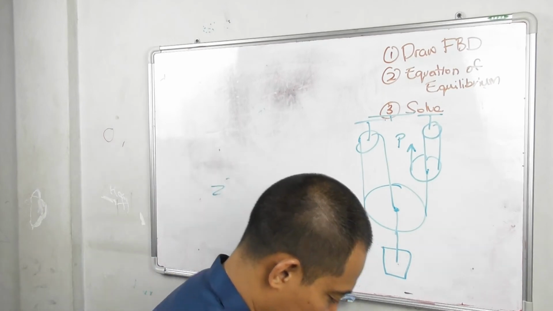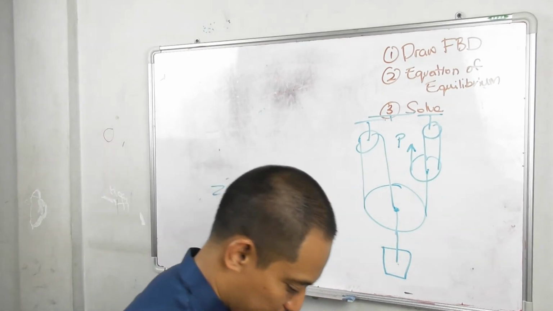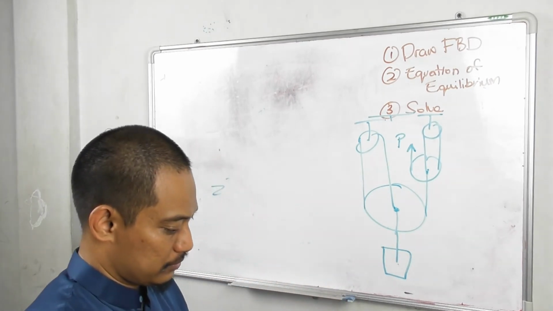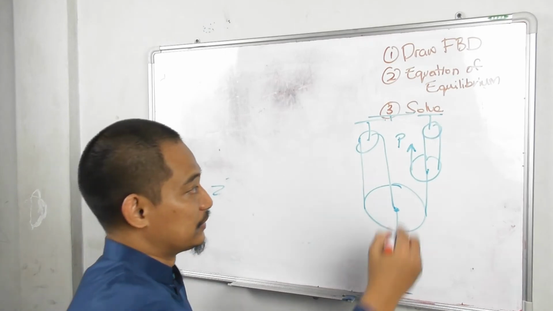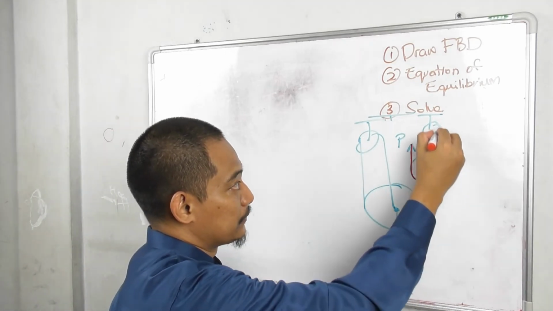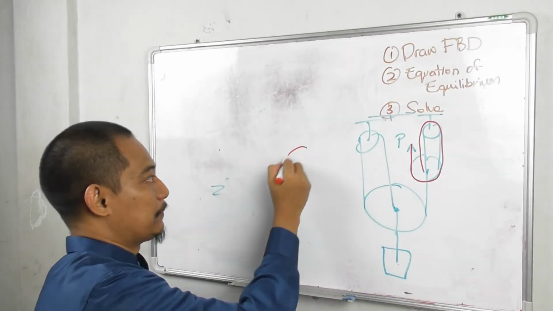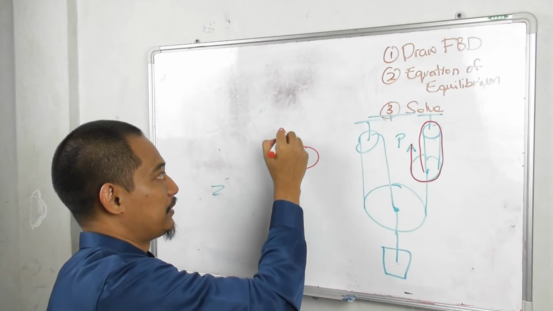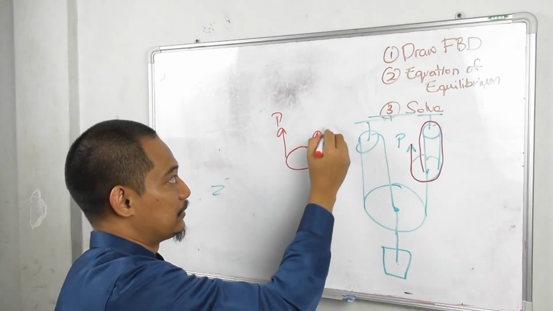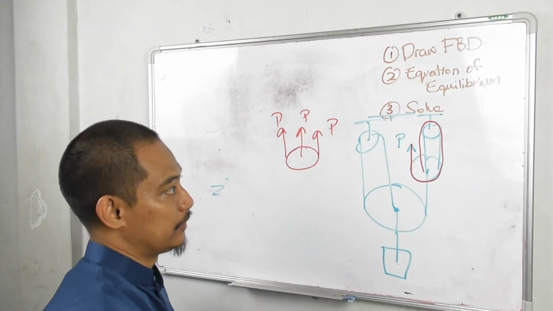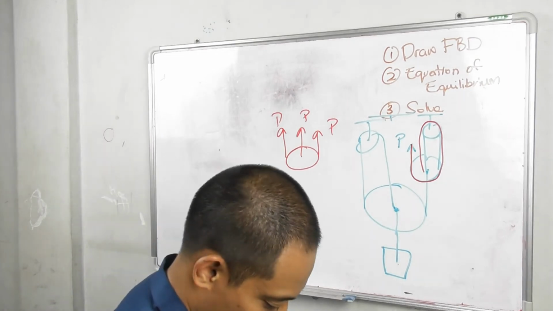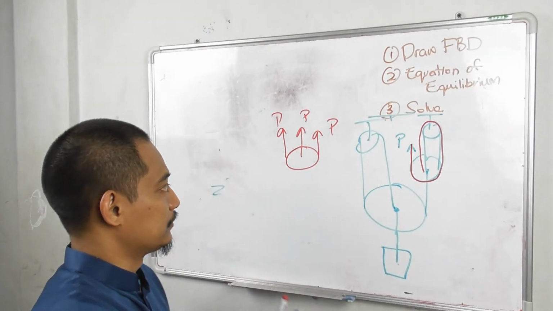So again, just detect where is the force. This is the same cable going here, right? So if you draw the free body diagram of this one, you have P, you have P, you have P, right? And then you have this cable here going down.